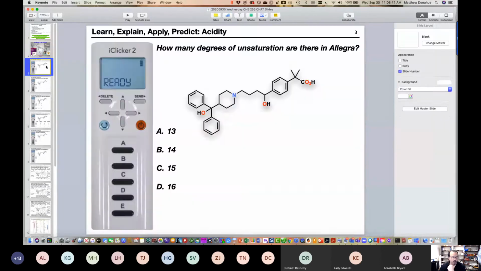So let's get to it. How many degrees of unsaturation are there in Allegra? This is sort of a visual inspection. I really want you to start connecting these topics rather than thinking of it as just a straightforward question. The correct answer is A, it's 13.